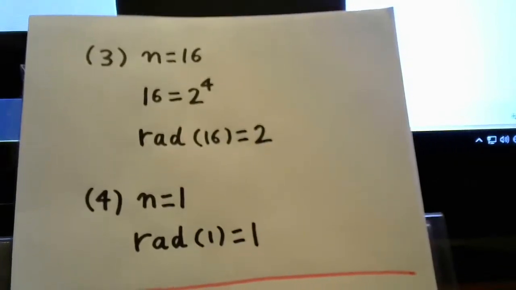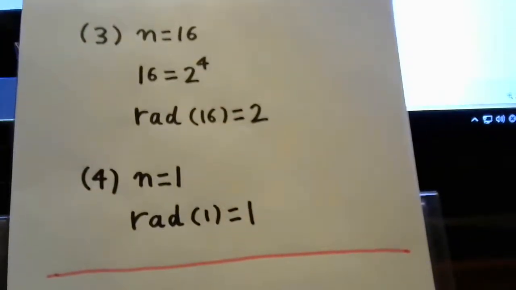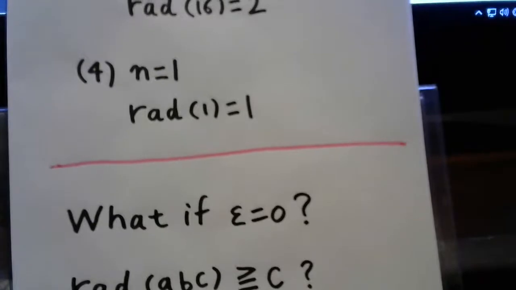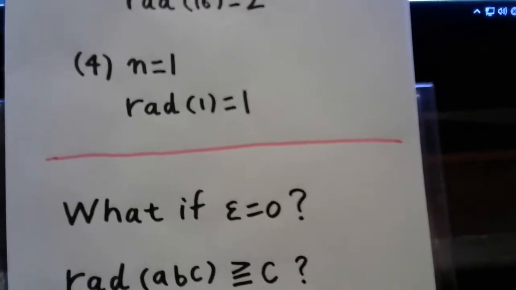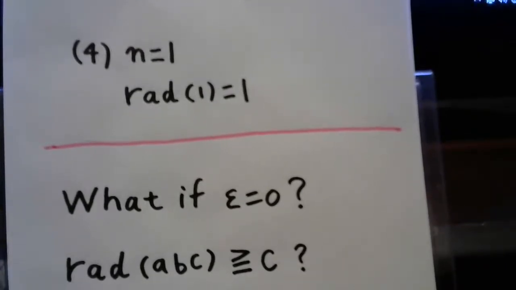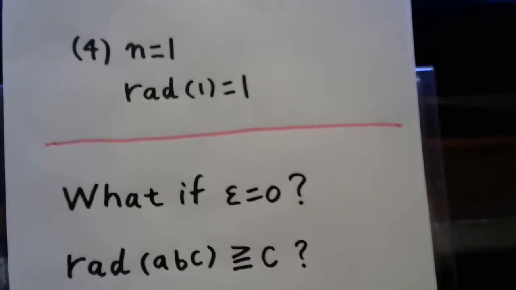Well, then what's the statement? What does it mean? Well, to make it simple, let's think of the case epsilon is 0. Of course, it's not the case with the original statement, which assumes epsilon is positive.